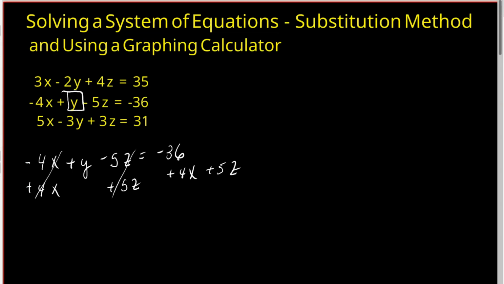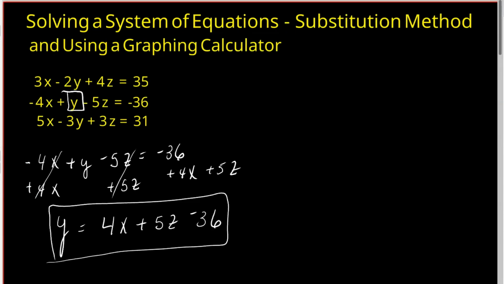All right, so that's going to give me y equals 4x plus 5z minus 36. I want to substitute this for the y in both the first and the third equation.